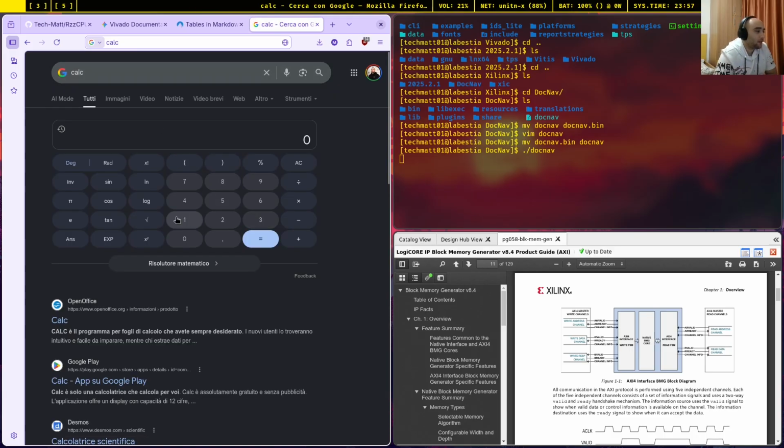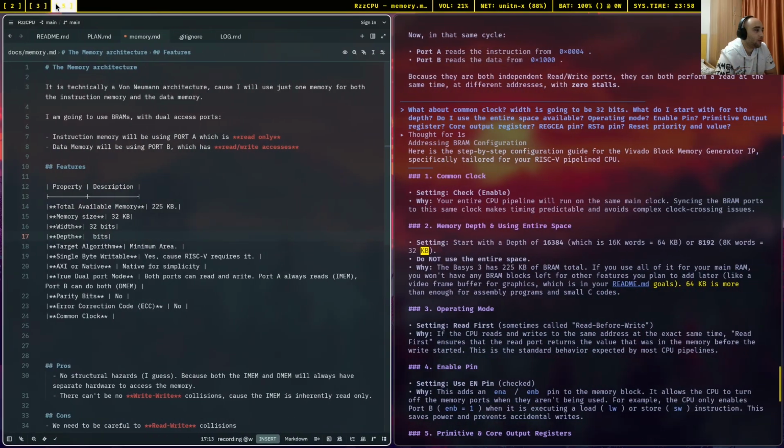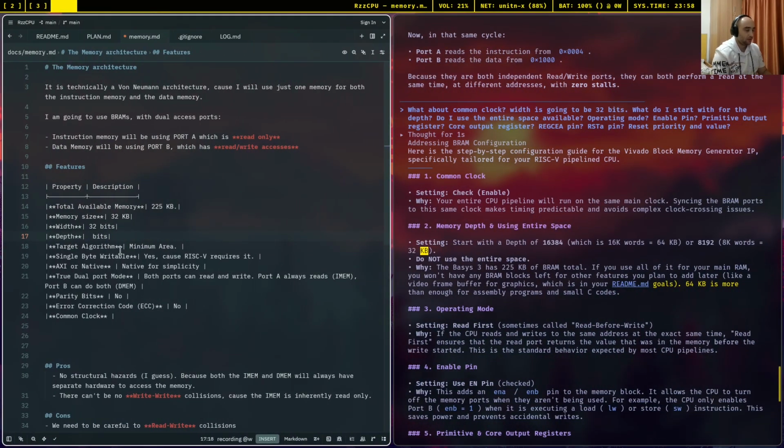So let's start again. 32 kilobytes times 1024, we have 32,768 bytes. If we divide by 4, this means 8192 memory lines. The depth is not in bits, but in words, lines.